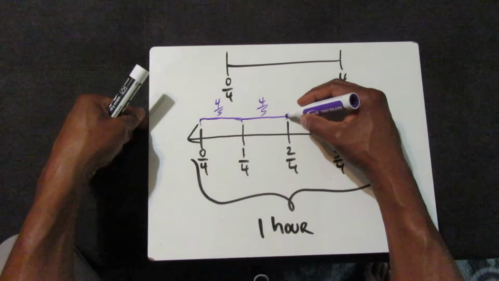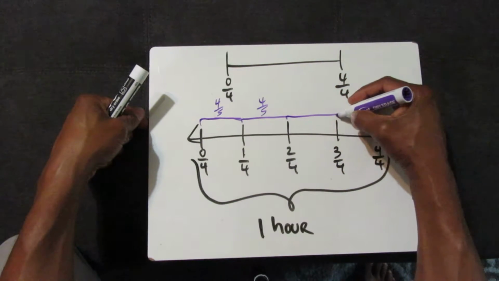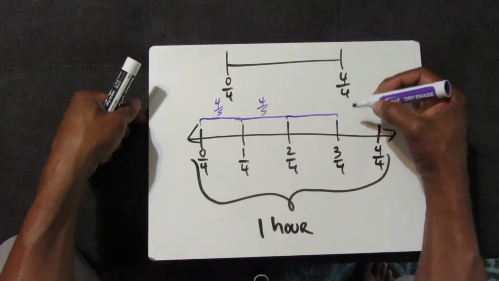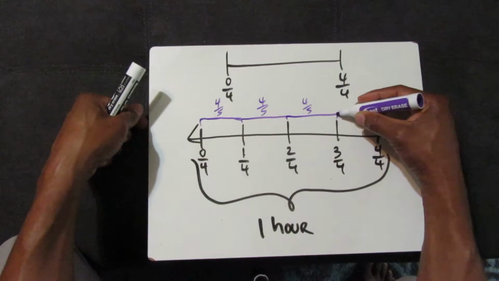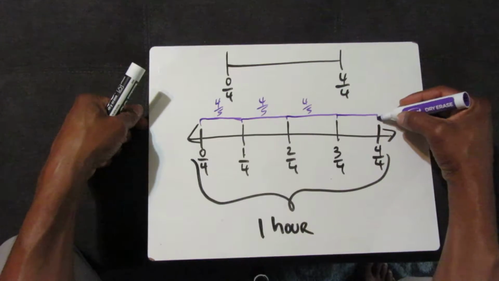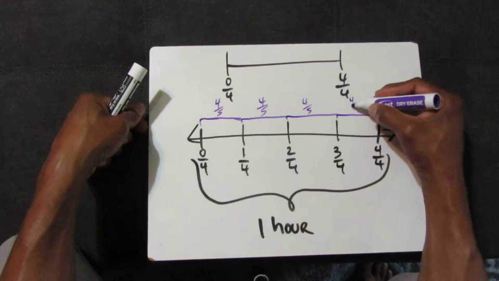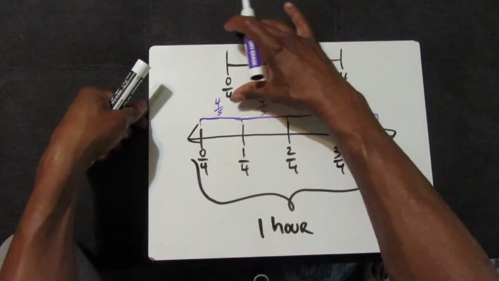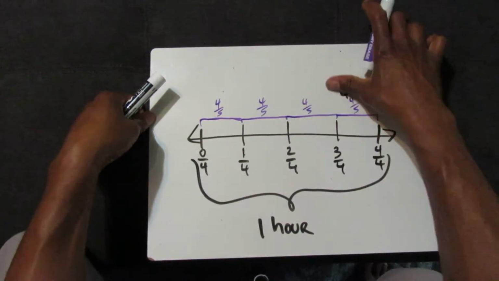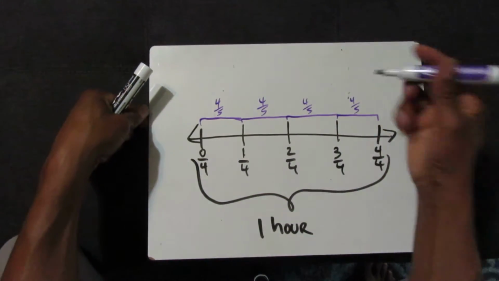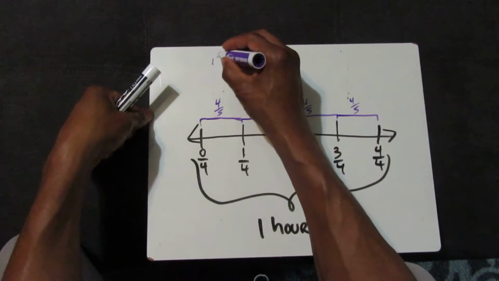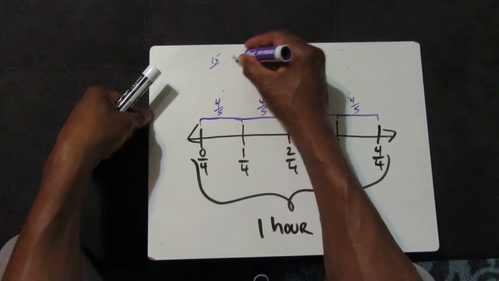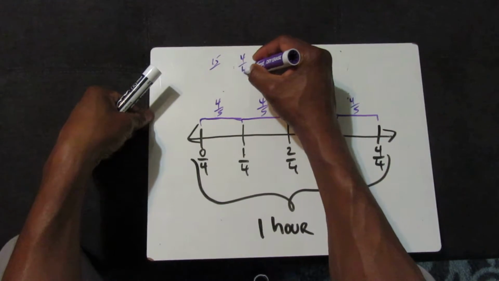Let's say he goes another 1/4, getting close to almost 1 mile, 3/4. Now he's at 4/5. And now he's finally gone 1 full hour. Let me erase this. Now let's combine all of these. Remember, that's the first 15 minutes, 4/5.